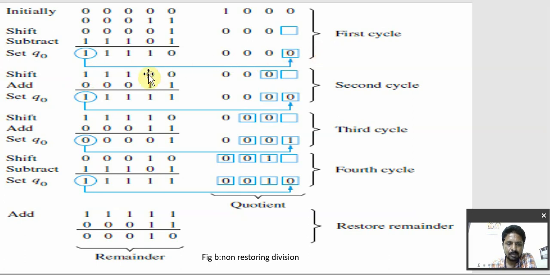One cycle is completed. After that, again according to the algorithm, we perform some operation: shift, add, and set q naught. The bits are shifted in this fashion, and we add the value in this fashion, and here we are getting a bit.